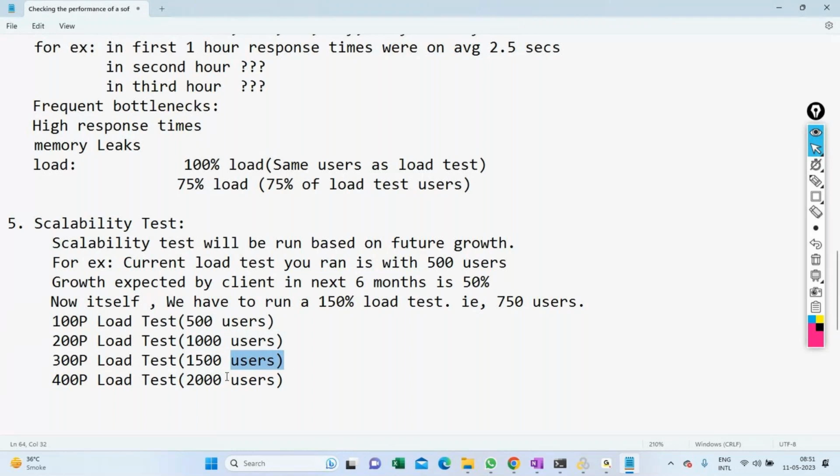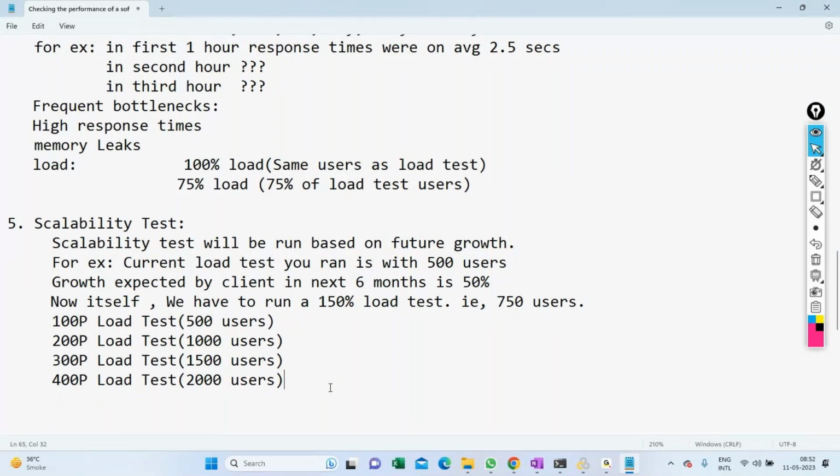Now what does the client have to do at that point immediately? No other option: directly increase the infrastructure. Like if the RAM is 8 GB, increase it to 16 GB. If the CPU is dual core, increase to octa core, increase the number of cores.